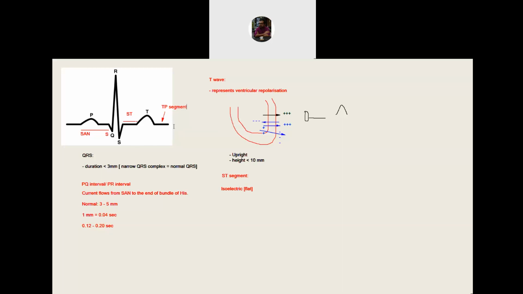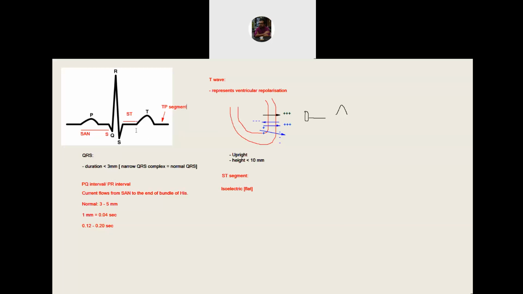Now, why is the ST segment isoelectric? Why is it flat normally? The reason is very simple. You can see it is the gap between QRS and T. The QRS complex represents depolarization of the ventricle. The T wave represents ventricular repolarization.